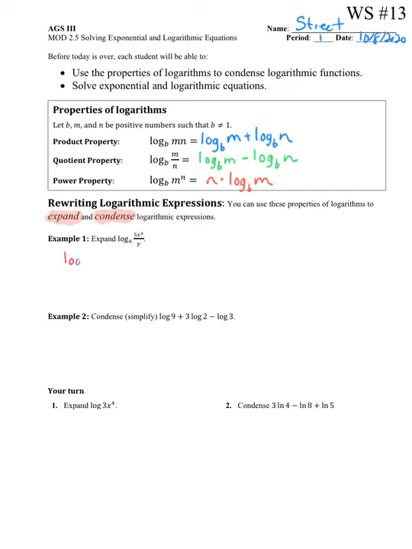Okay, so start with this first one. Log base 6 of 5x cubed over y. So the first thing I want to ask you guys is, that 5 right there, is that 5 being cubed? Or is it only the x being cubed? Just the x is being cubed. Exactly, just the x is being cubed. That's really important to notice.